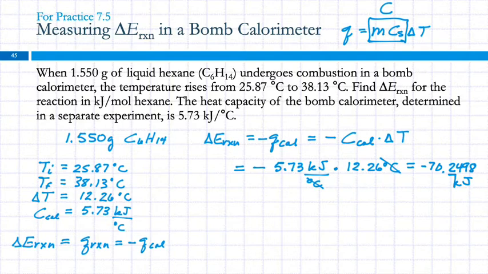Well, whoever needs this change in energy, are they always going to burn 1.550 grams of hexane? No. They'll probably never do it again. It'll be some different amount. So we want delta E to be kilojoules per a certain amount of stuff that burned. So it was this many kilojoules for this many grams, but I want it in moles for whatever reason.